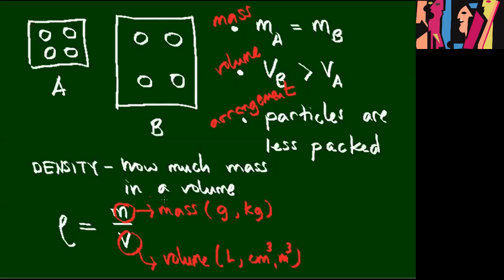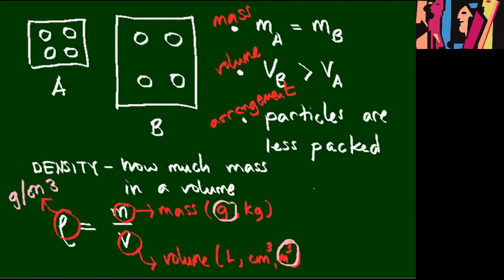We're pointing this out because the units of density will depend on the units that you use for mass and volume. As an example, if I choose my units to be grams and meter cube, then my density will have units of gram per meter cube.